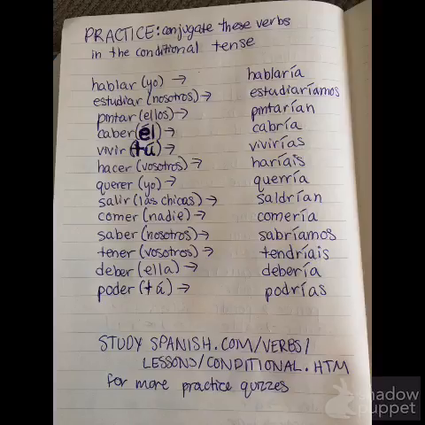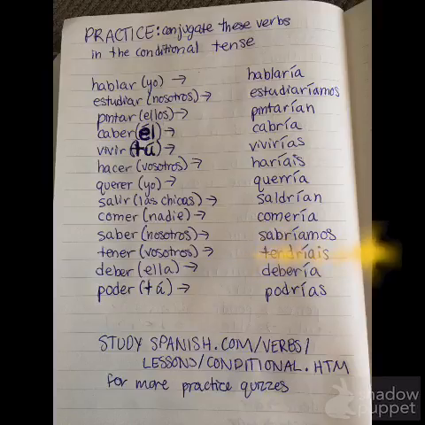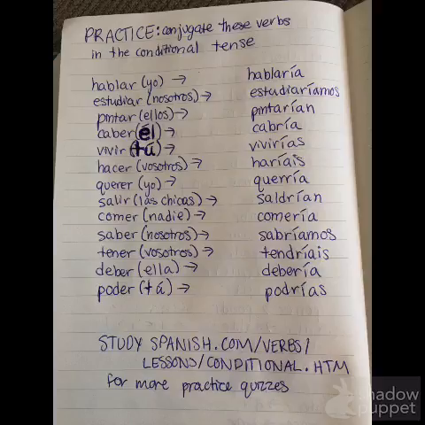So no one would eat. Saber in the nosotros is sabríamos, and that has an irregular form there, so make sure you caught that. We would know. Tener in the vosotros, tendríais. So that one has an irregular stem again, and there you go. And it means that you all would have.